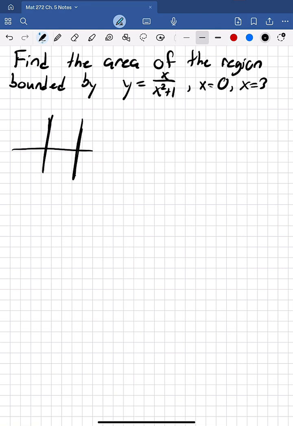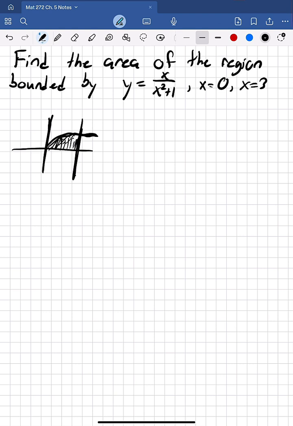You can use Desmos or some kind of graphing tool, your graphing calculator, and look at the graph of x over x squared plus 1 if you wanted to. You don't have to, but I'm going to show you what it looks like just so you have an idea. So the graph looks something like this, and we're only going to try to find the area that's right here.